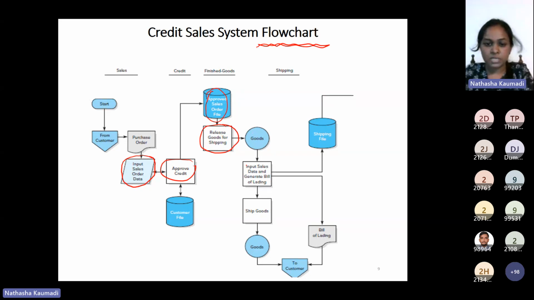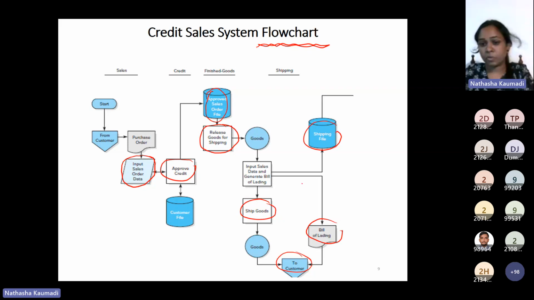So, input sales data and generate bill of lading. When you are dispatching, you input the sales data and you generate the bill of lading. And then ship goods. Goods are shipped and then goods are received by the customer. Meantime, you are sending the shipping files and then the bill of lading to the customer.